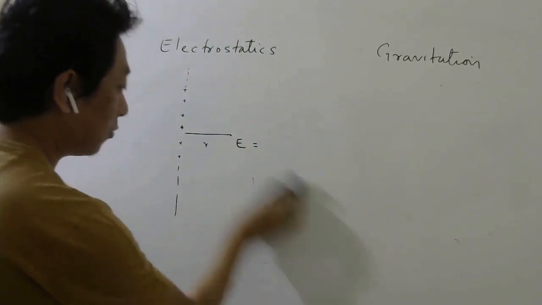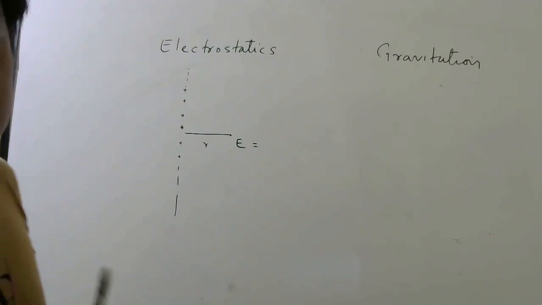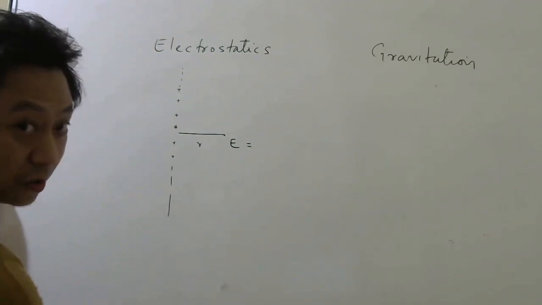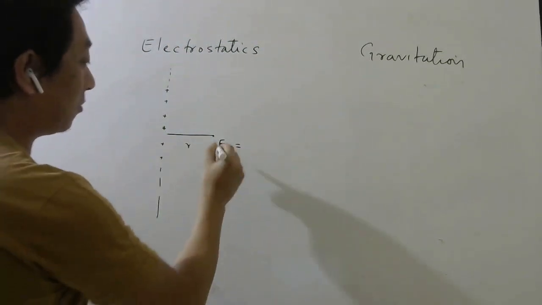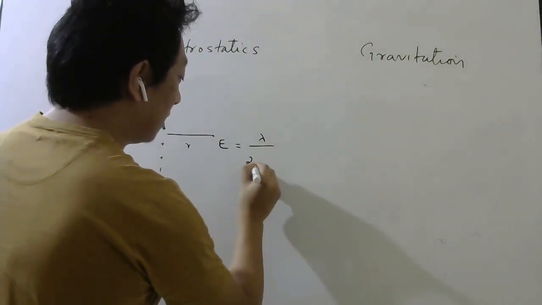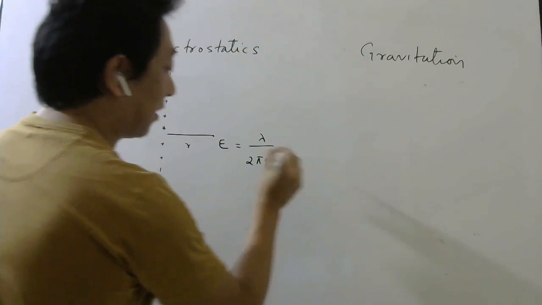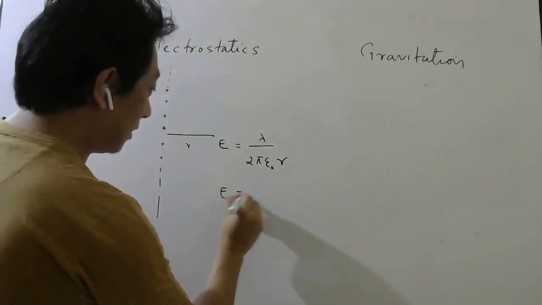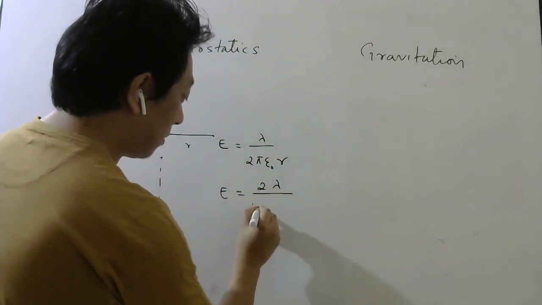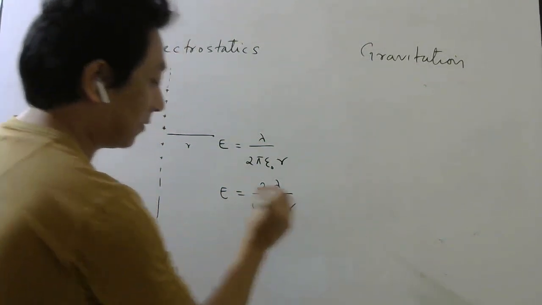And what was the formula? We used which law to derive it? Gauss law, yes or no? We considered a cylindrical Gaussian surface, and we found the formula to be lambda by 2 pi epsilon naught r. Right? Now, what I can do here is write this formula as 2 lambda by 4 pi epsilon naught r.